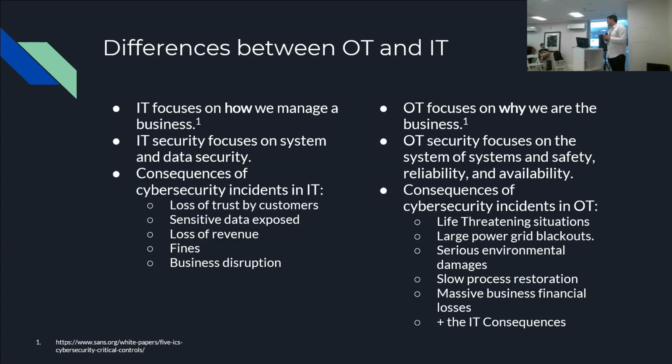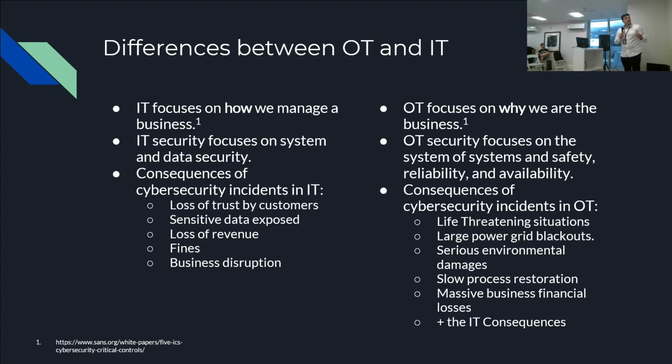In OT, the focus is that the process is why we are the business. Essentially, we build the whole infrastructure based on the process that we need to manipulate and control. In OT security, we need to focus on how the system of systems works. We have a valve that's connected to a PLC, that's connected to an HMI; how the system of systems works.